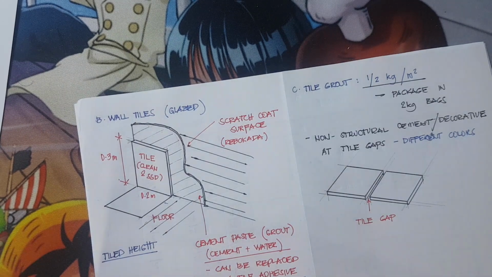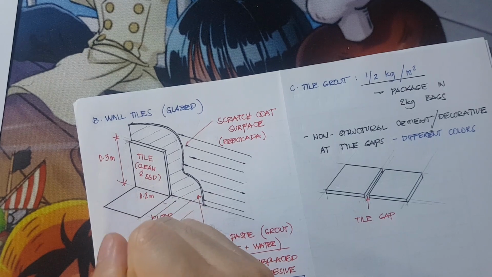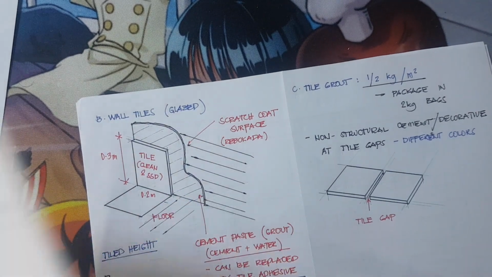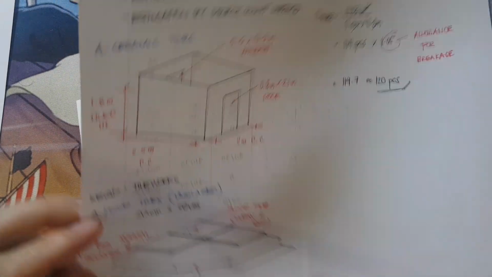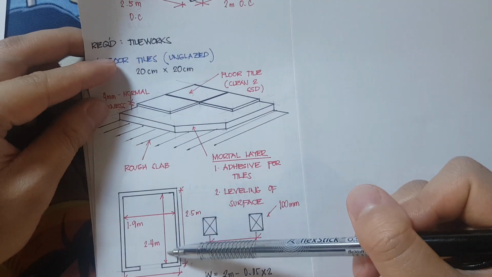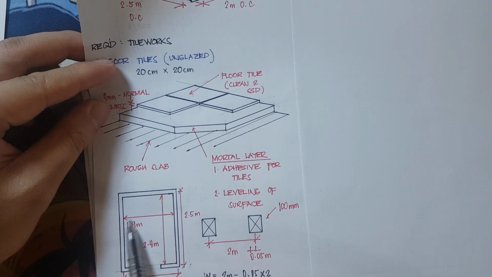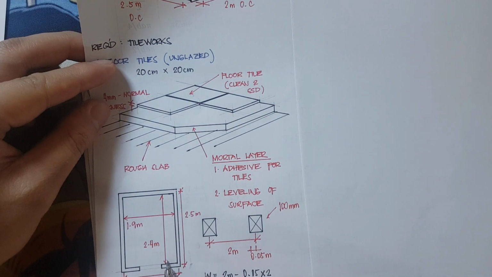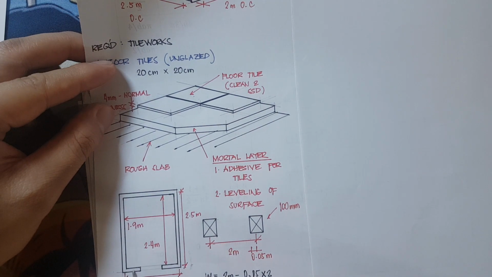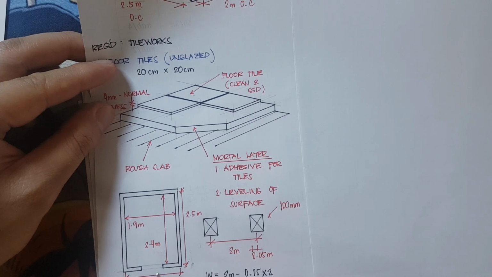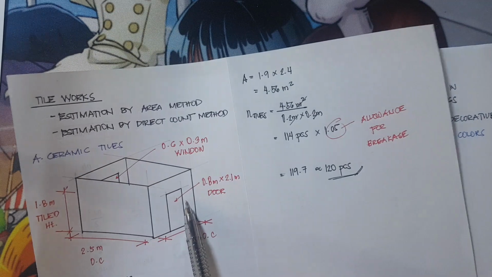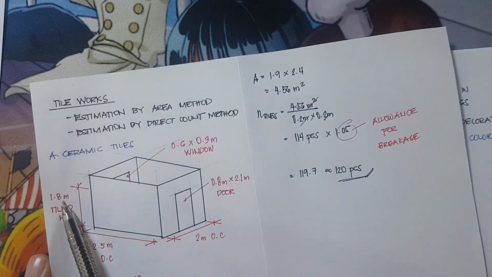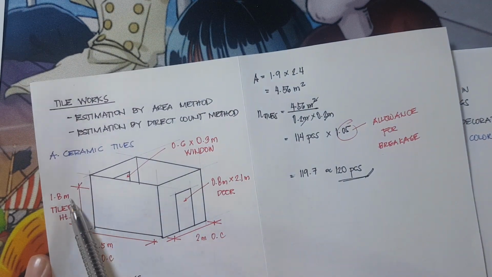First, we need to solve for the perimeter. So, for the perimeter, it is 2.4, two sides, 1.9, two sides, and we're going to subtract the opening for the door. Take note, our door is higher than our tile height.